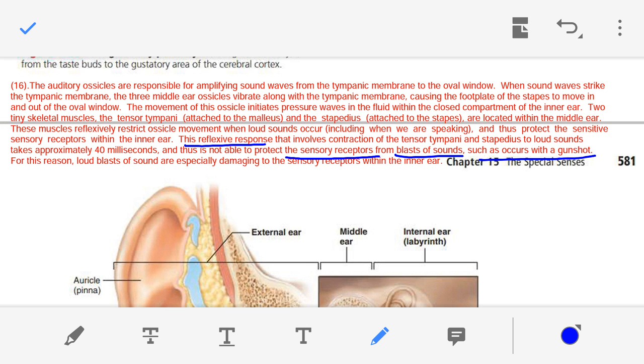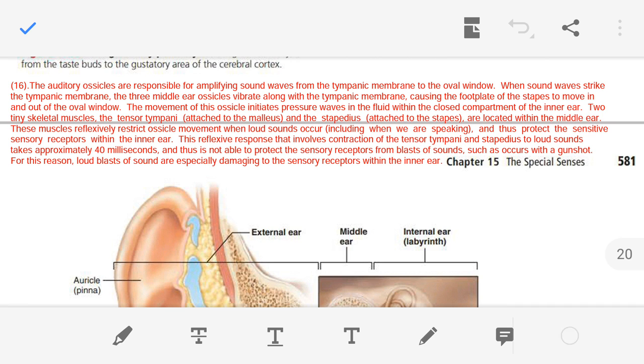The large sound that we are going to hear, that time this muscle reflexive response is not going to restrict the ossicle movement, so the ossicles are going to move very rapidly, and it is possible that it can damage the receptor cells of the inner ear.